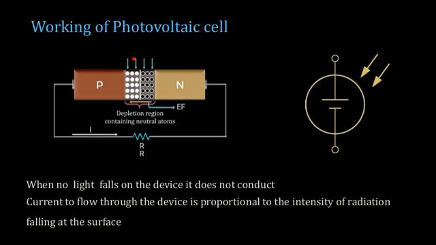So we have a depletion region and some light falling on it. Once the light falls, some of the atoms present here absorb the energy, overcome the barrier potential and move to the conduction band.